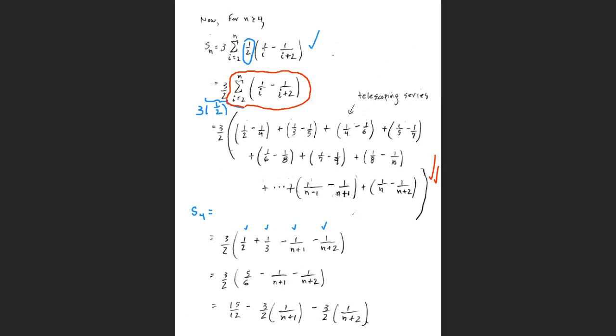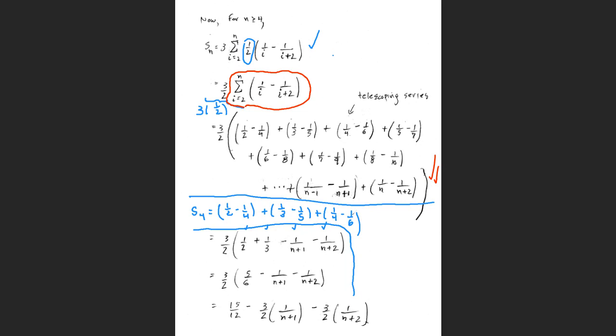S sub 4 is going to be a half minus a fourth plus a third minus a fifth plus a fourth minus a sixth.